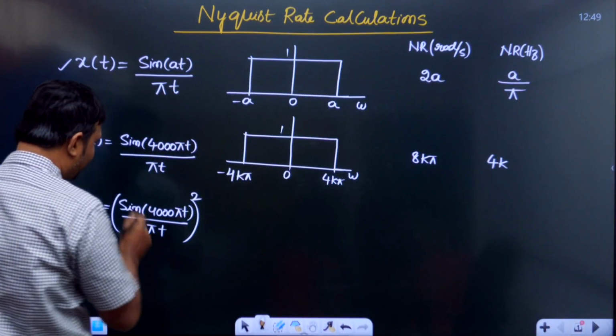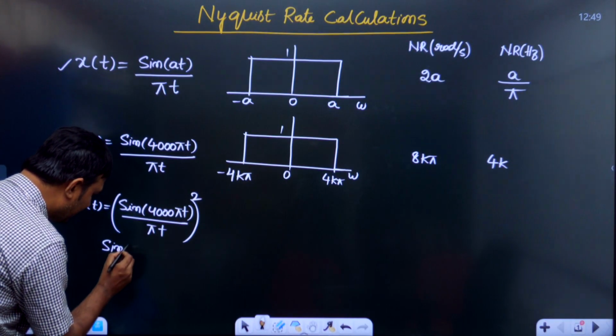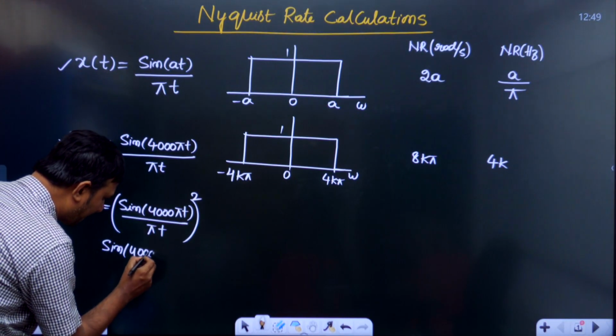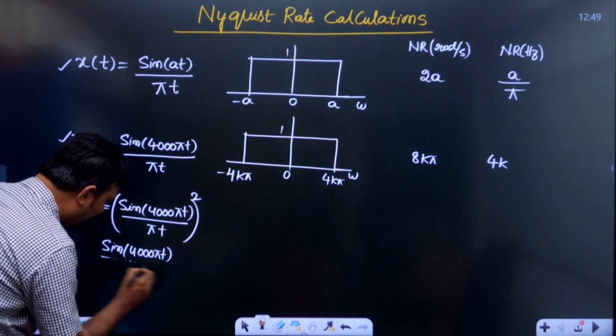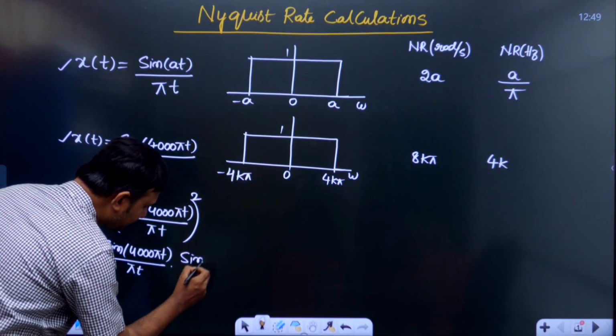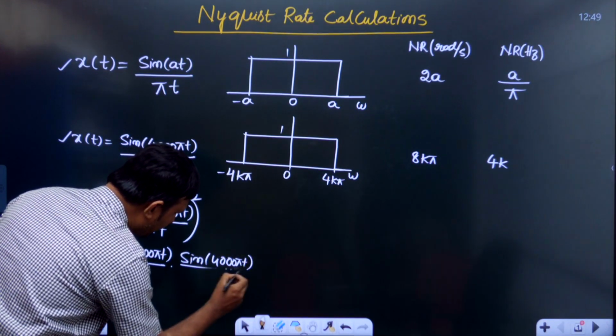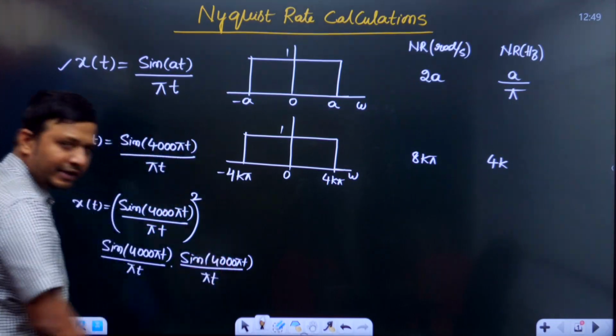Now how can I write (sin(4000 pi t) by pi t) whole square? Can I write it as sin(4000 pi t) by pi t multiplied with sin(4000 pi t) by pi t, isn't it? Yes, right?